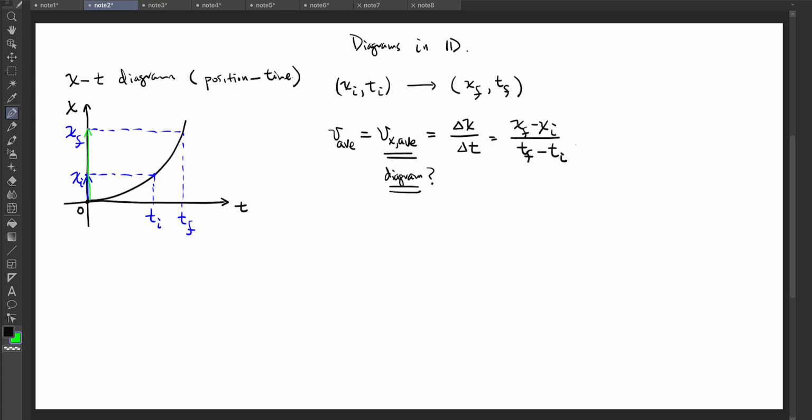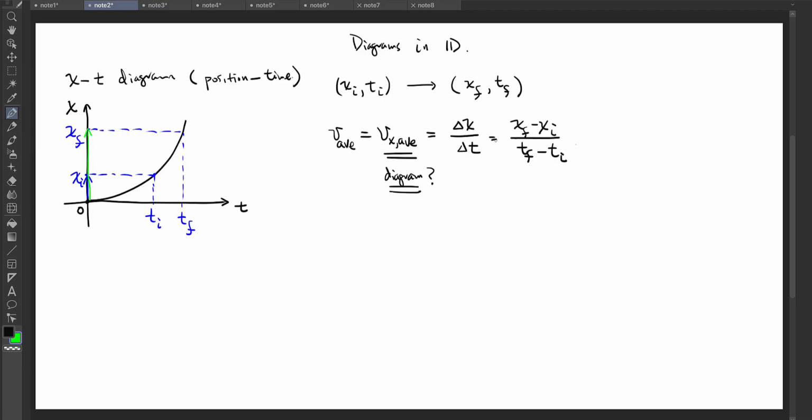Right? So when I do x final minus x initial, remember the rules we talked about for vector subtraction. Of course, in 1D, it simplifies. You don't necessarily think of that. You probably know already it's this length, right?